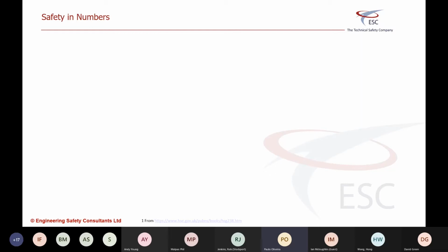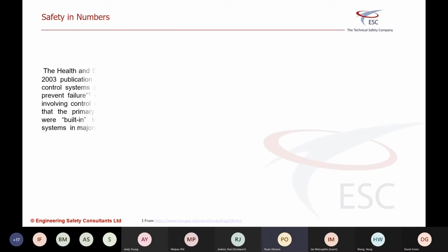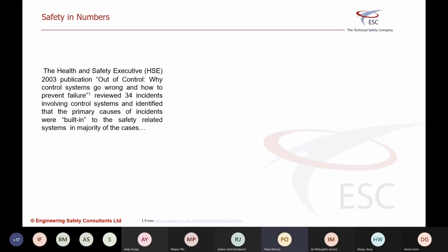They wanted to understand what were the drivers of failures in industry that were associated with, or caused by, control systems. They looked at a sample of 34 incidents and looked at the primary causes of incidents that were actually claimed as what led to the issue, to the event.